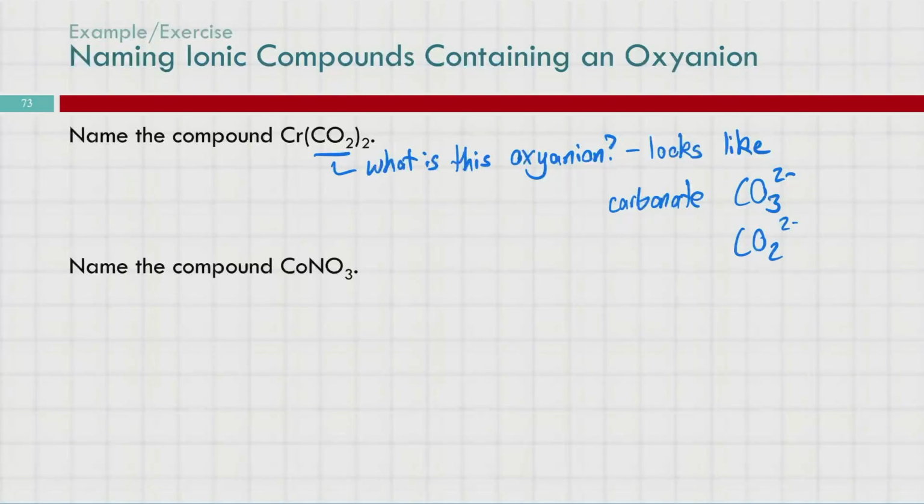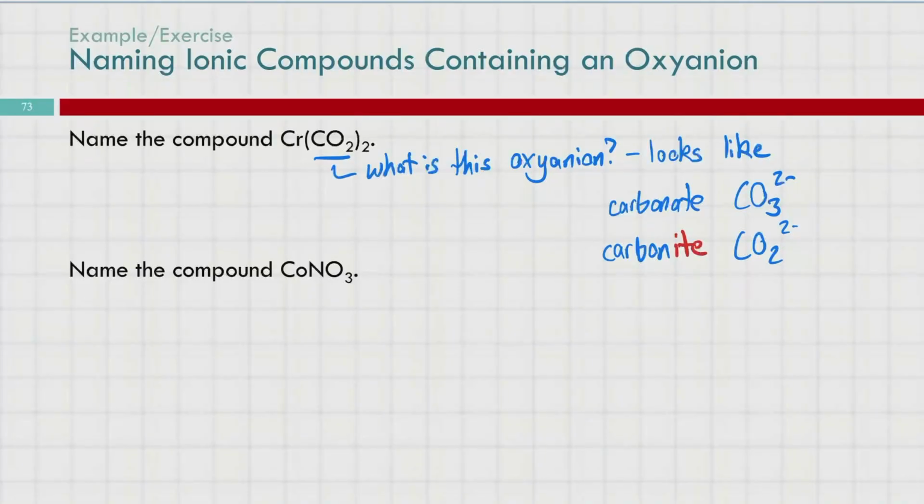We have one fewer oxygen. So going from the ATE form, if we remove one oxygen, what does that change to? ITE. So this is carbonite, like what Han Solo is encased in. So carbonite, we've got CO2 2 minus.